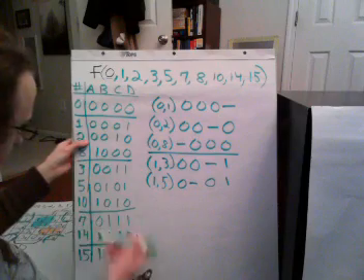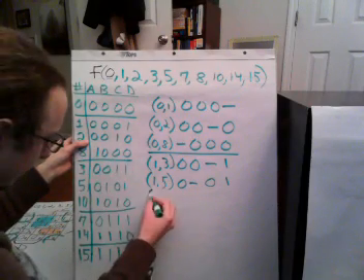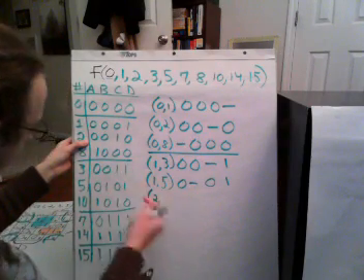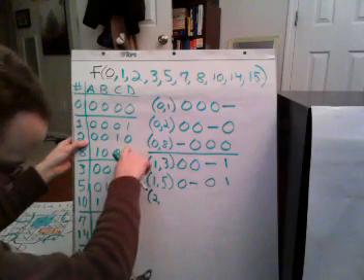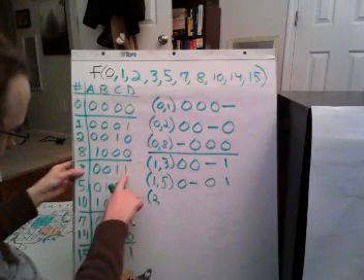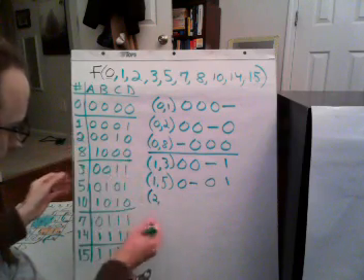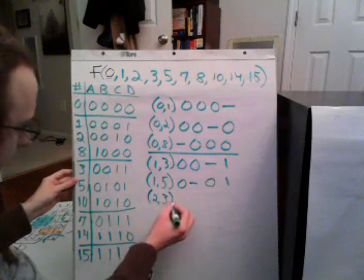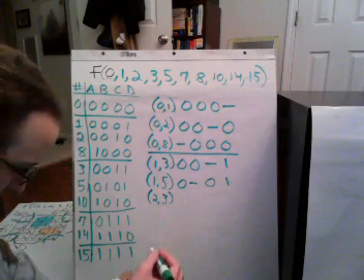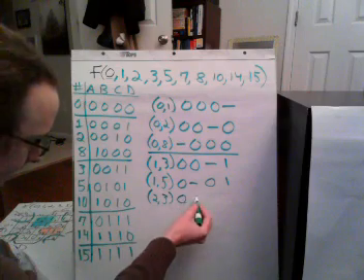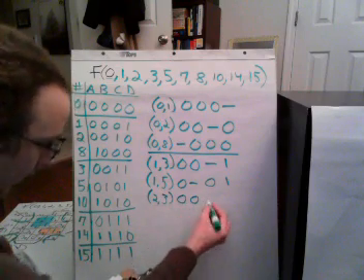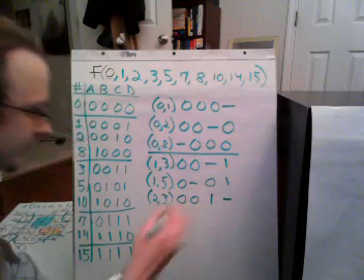We have 2. And if we look down the line here, the only one that is only one digit away from 2 is 3. So we'll mark that as 0, 0, 1, dash.